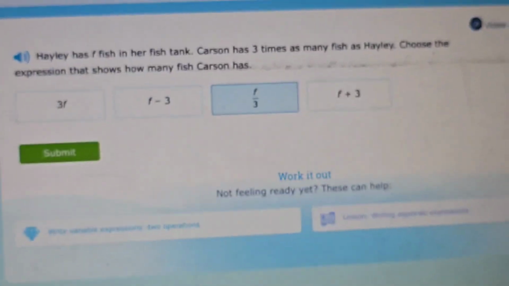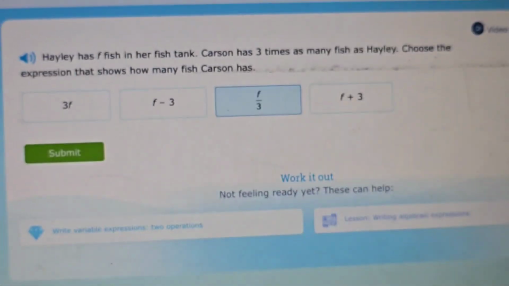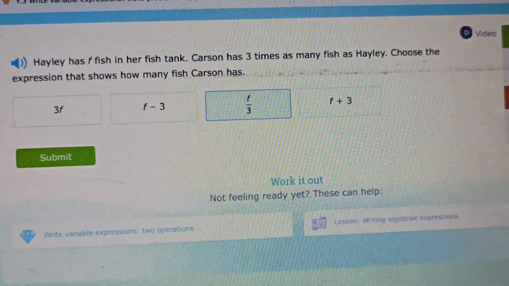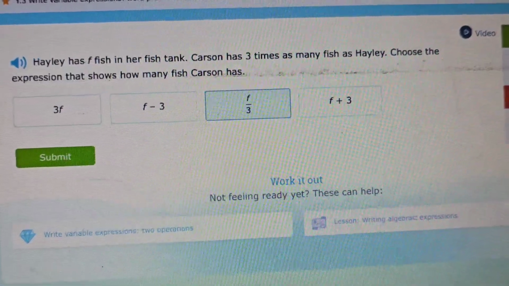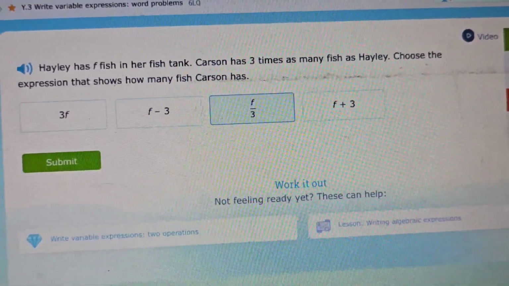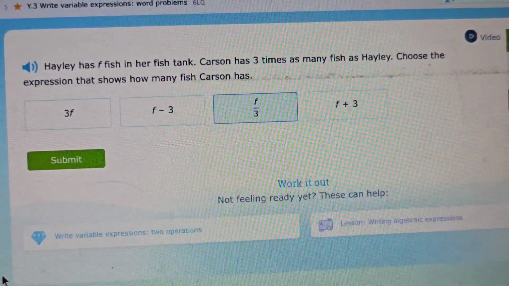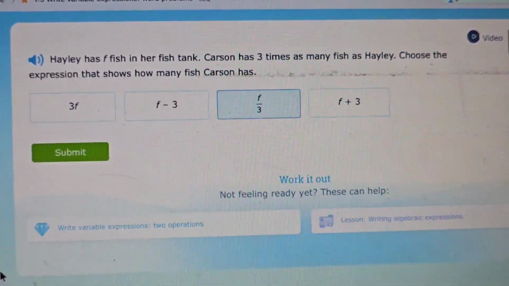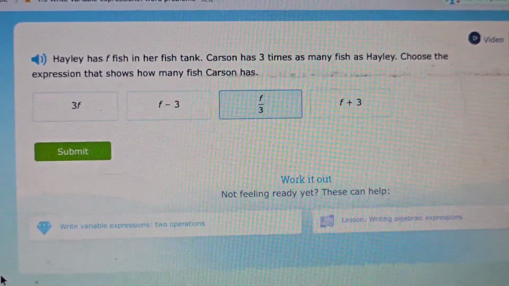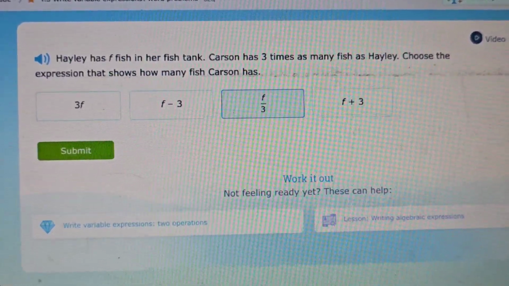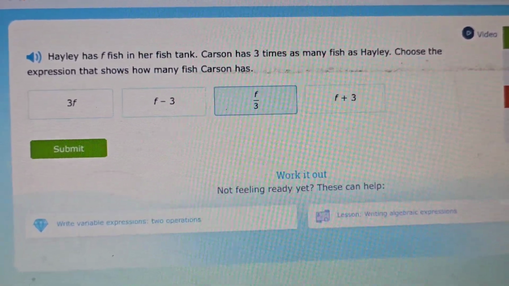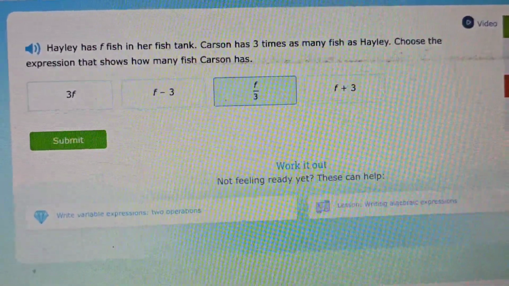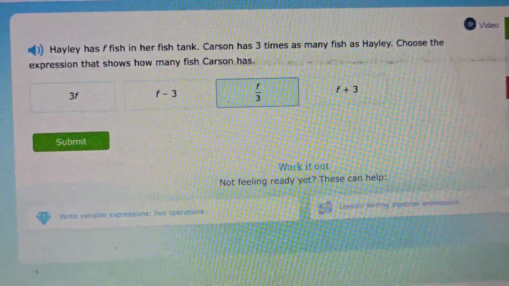Haley has F fish in her fish tank. Carson has 3 times as many fish as Haley. Choose the expression that shows how many fish Carson has. I think the easiest way to solve this problem is to give F a certain value, just a random value, and then determine how you would normally solve it. Let's say Haley has 5 fish.